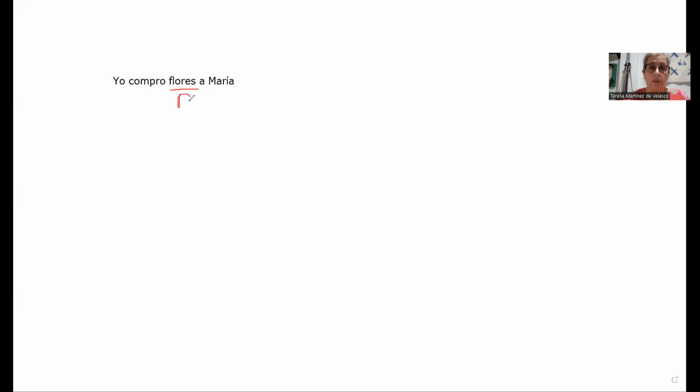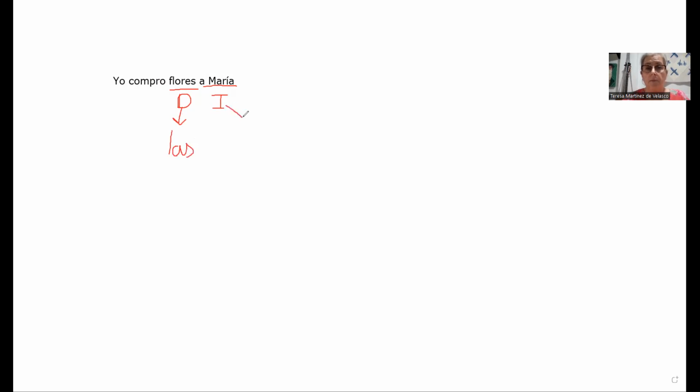Flowers. So that is the direct object. To whom? To María. Indirect object, right? Because the direct object, flowers, is plural and feminine, we are going to use las, so we will substitute flores for las.